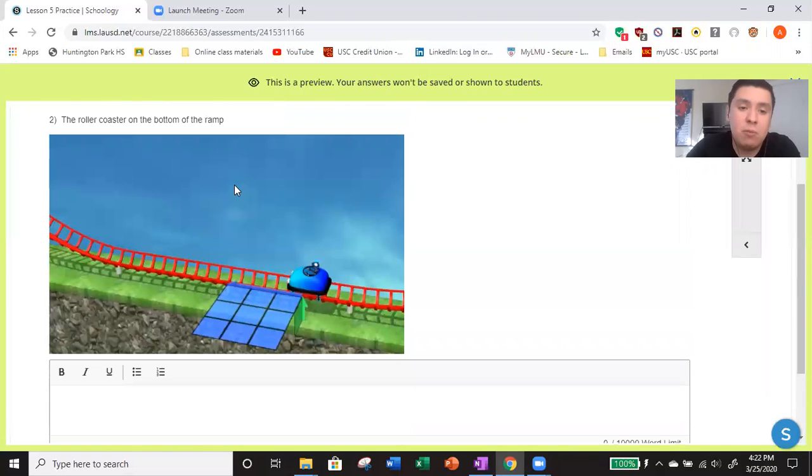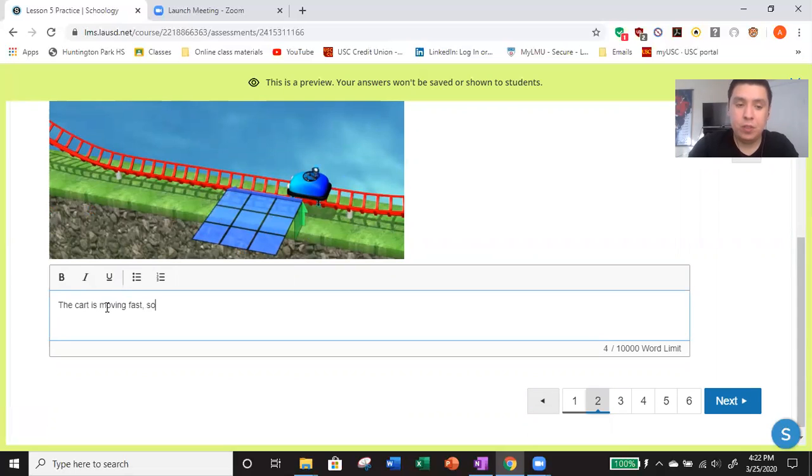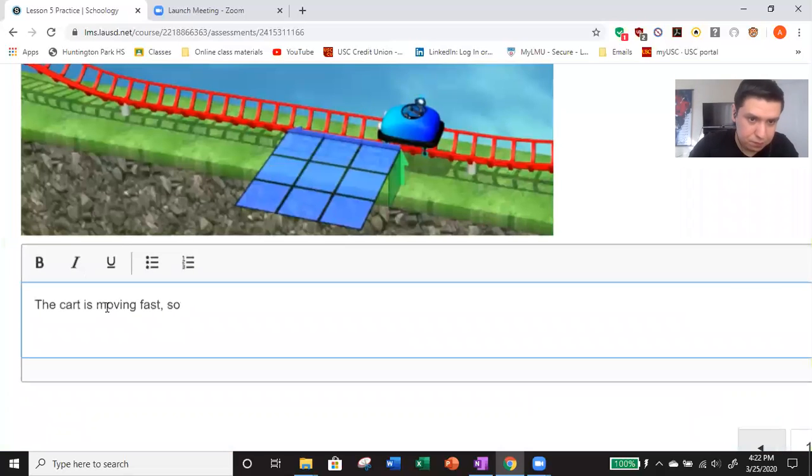Now for number 2, there's a roller coaster at the bottom of the ramp after it fell down. And now you can see there's a lot of kinetic energy and very little potential energy. So this is the opposite. Now the cart is moving fast, so there is a large amount of kinetic energy.